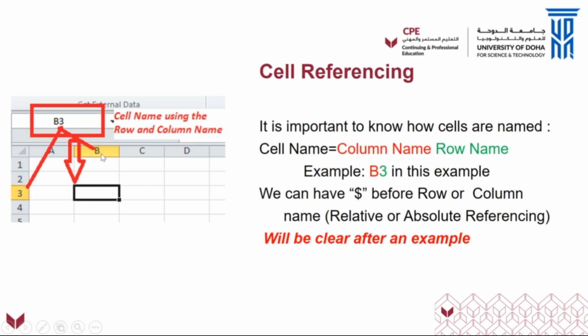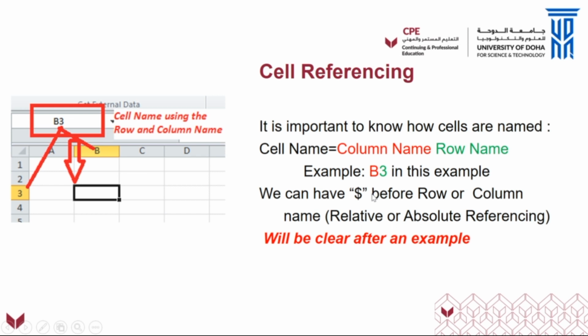In the illustration on the left, the active cell selected is named as B3 as it is in the intersection of column B and row 3. So cell name is equal to column name, row name. Column name is B, row number is 3, so B3.